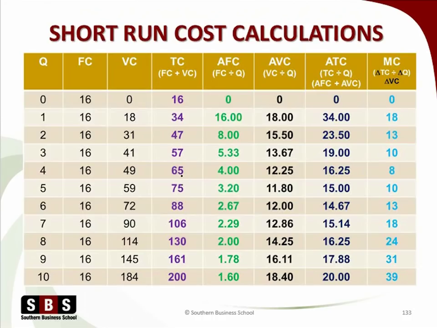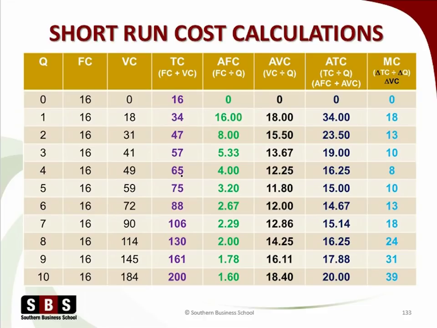Okay, we've addressed that. Once again, here's a table. Let's go through this table quickly. So there's your fixed cost, and there's your variable cost. Now, the total cost, as it was in the assignment, is fixed cost plus the variable cost, and you'll get your total cost.